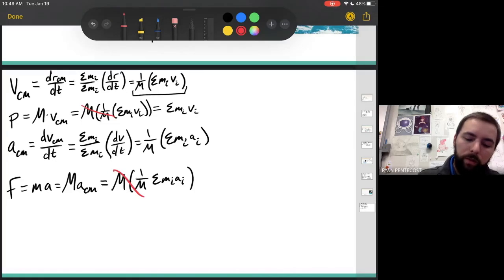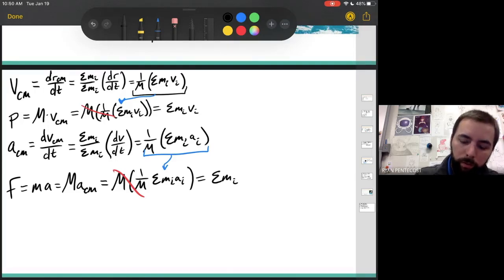We took this right out of here and put it right there, just like we did here. Those masses are going to cancel, so what you're really doing is taking the total mass of the system of particles multiplied by the acceleration of the center of mass.